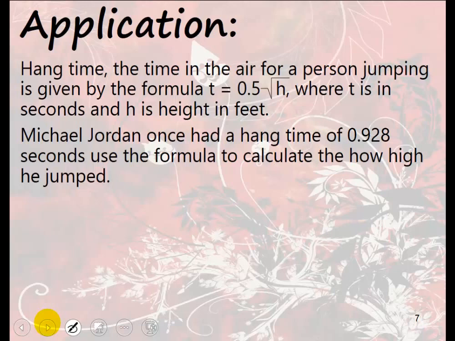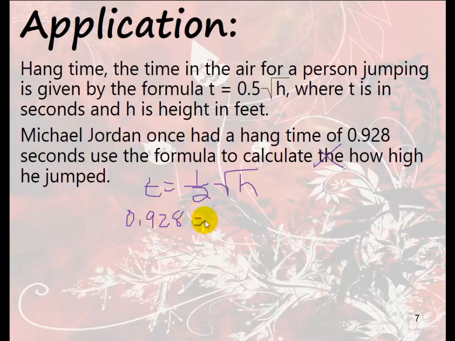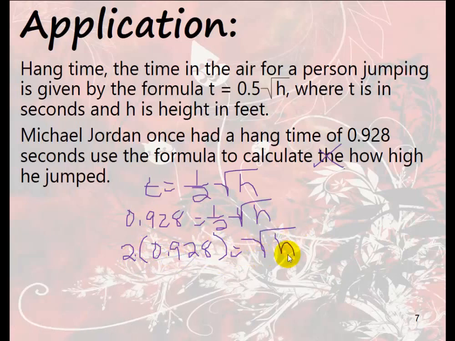Okay? So I'm just going to write my formula, and I'm just going to write a half, same thing, okay? I'm going to plug in 0.928. I'm going to isolate my radical, so I get 2 times 0.928 is equal to the square root of h, and 2 times 0.928 is equal to 1.856.